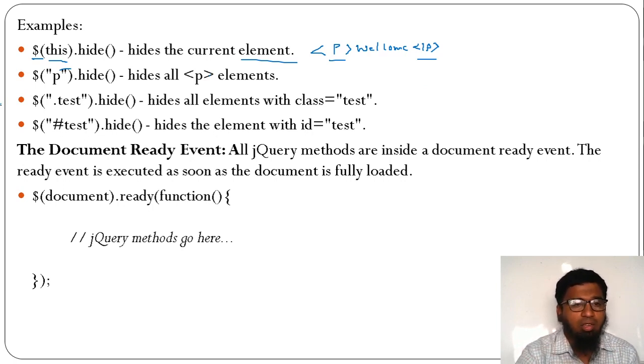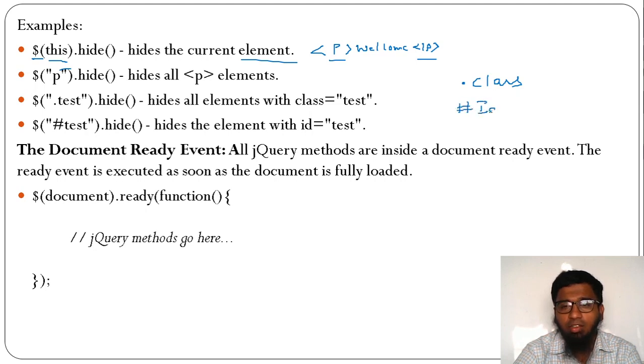Okay, next, dollar dot test. What is this dot test? This dot will represent class, and hash will represent ID, the same as HTML.